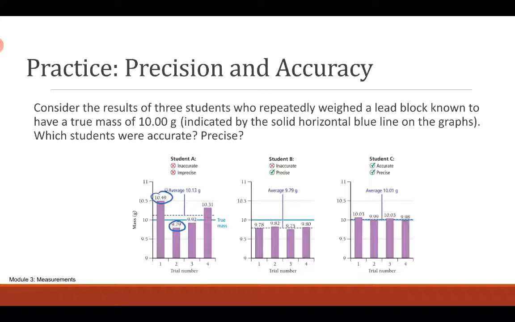There's a pretty wide range, and so we're going to say that that's not precise. And also, since it's varying from way above to pretty far below the true value, it's also not accurate.